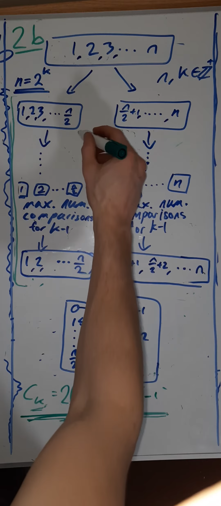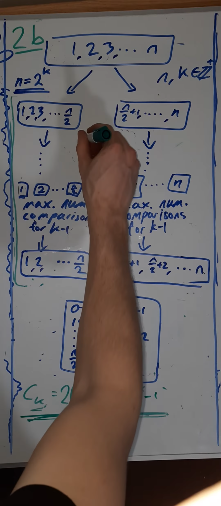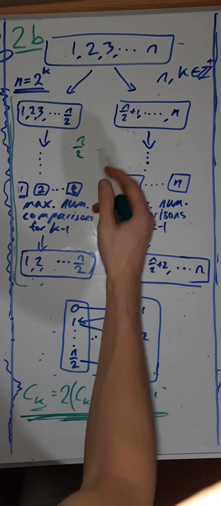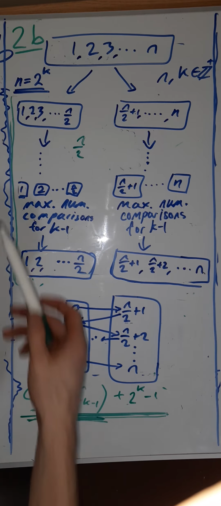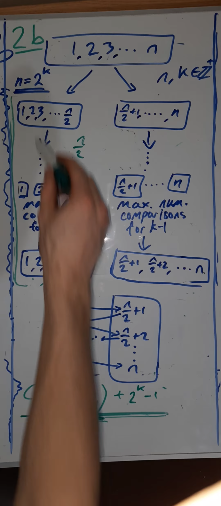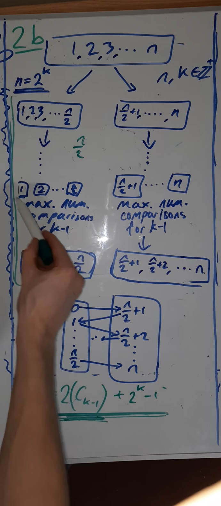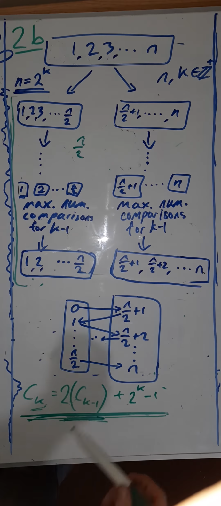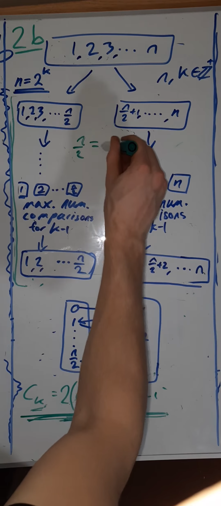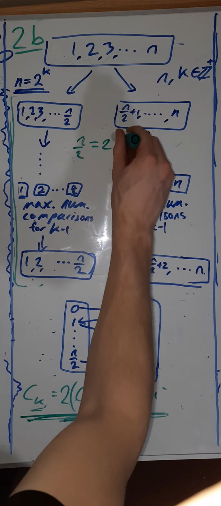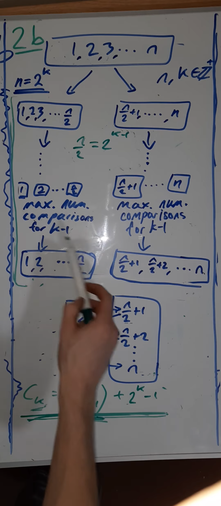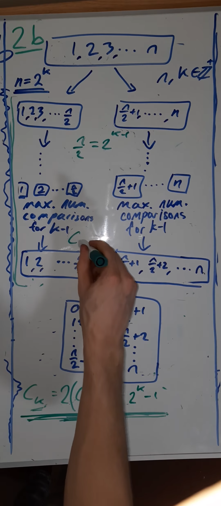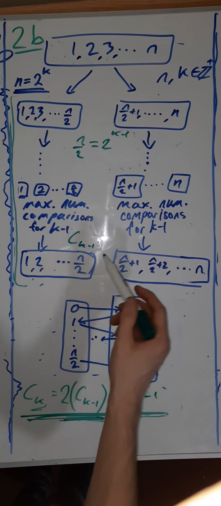The reason is that n over 2 is divided in half, and it divides in half evenly because n is even, because it's 2 to the power of k. It divides evenly all the way down until it gets into these single elements. So n over 2 equals 2 to the k minus 1 in this situation. So the amount of comparisons here is C of k minus 1 by definition.